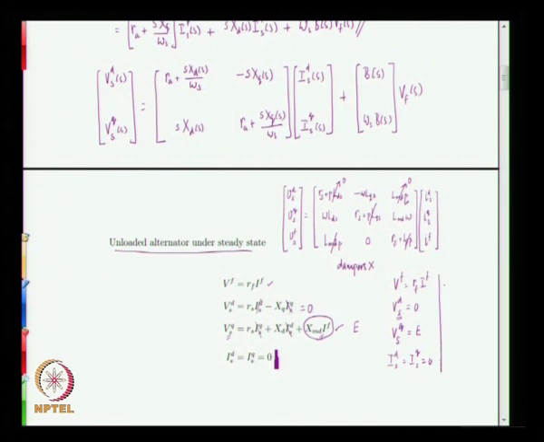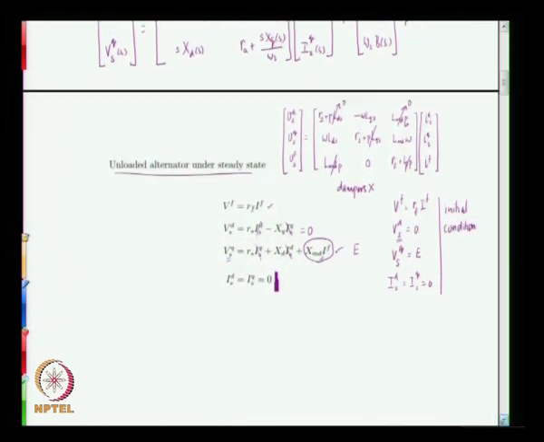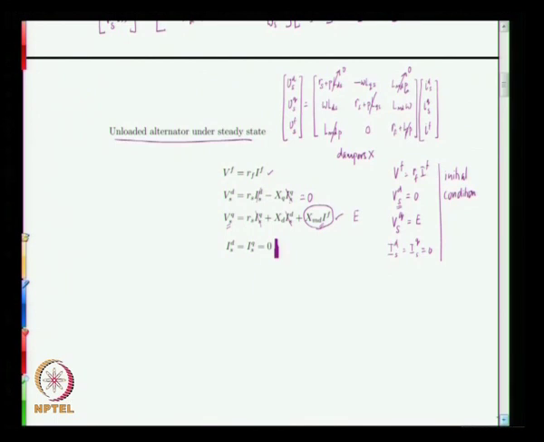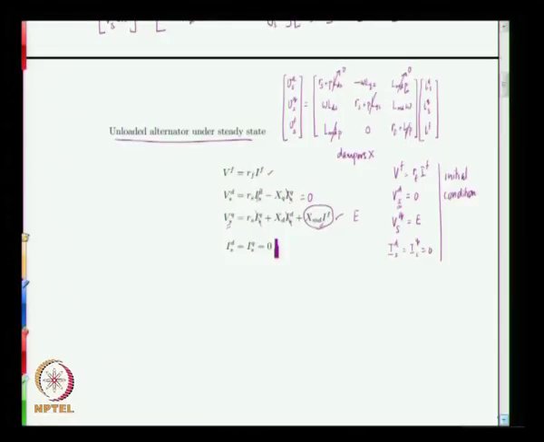This then is the initial condition with which we start out doing our experiment. Now note that under the assumption of fixed speed of operation, we have converted a non-linear system into a linear system. So what we now have is a linear system.